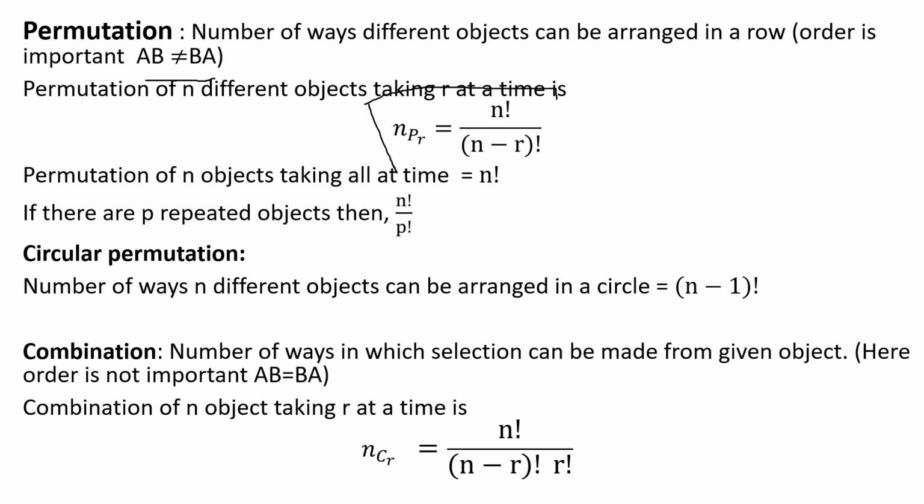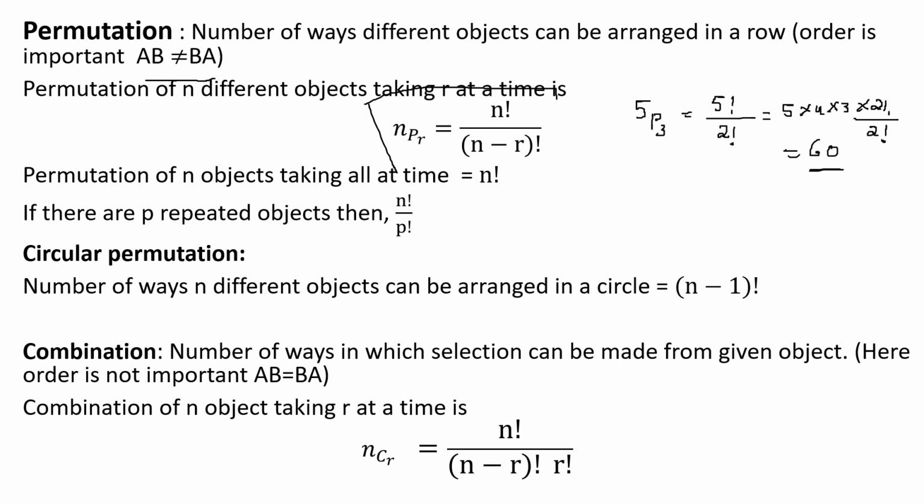Say for example, if you have 5 objects and you want to arrange 3 objects at a time, so 5P3 will be 5 factorial divided by 5 minus 3, that is 2 factorial. So it will be 5 into 4 into 3 into 2 factorial divided by 2 factorial. So that is 5 4 20, 20 3 is 60 permutations.